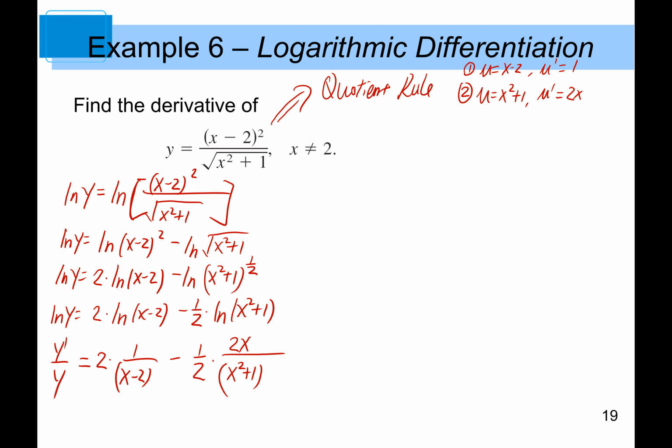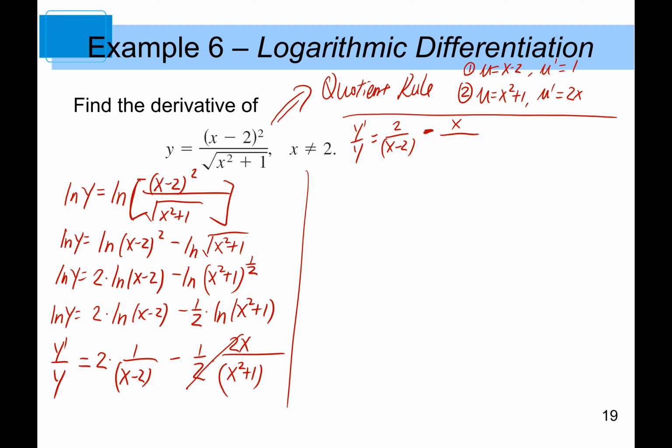And let's simplify the right hand side really quick. So y prime over y just becomes 2 over x minus 2, minus, we cancel the 2, x over x squared plus 1.